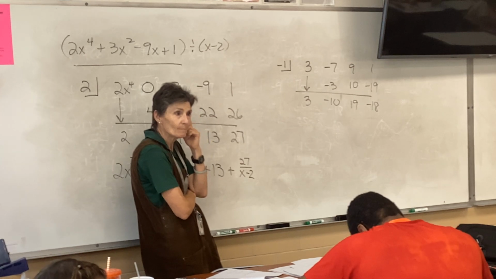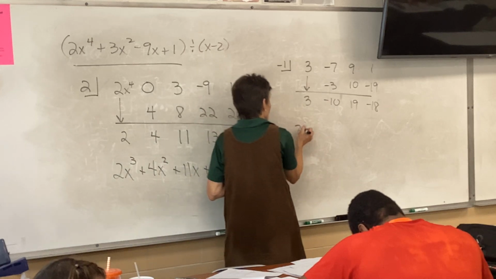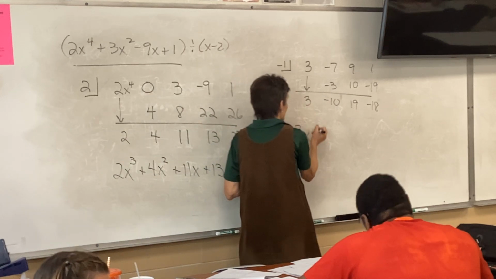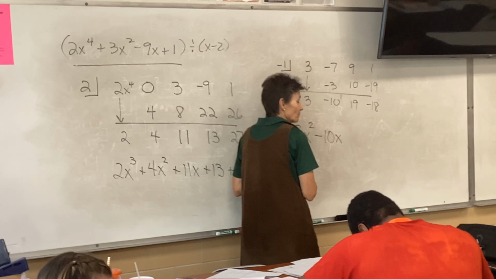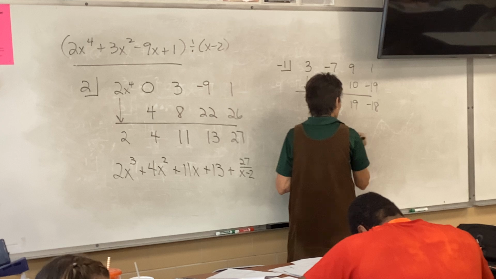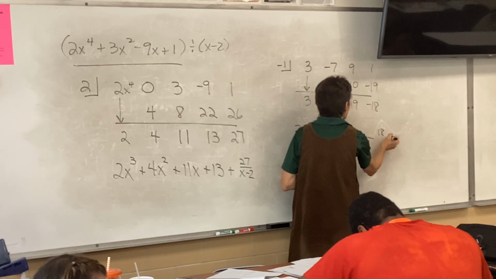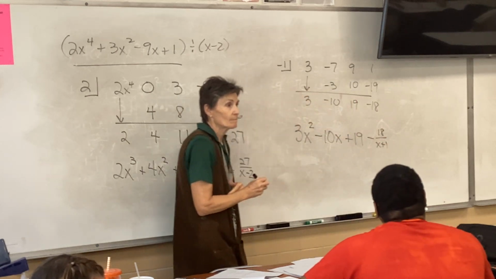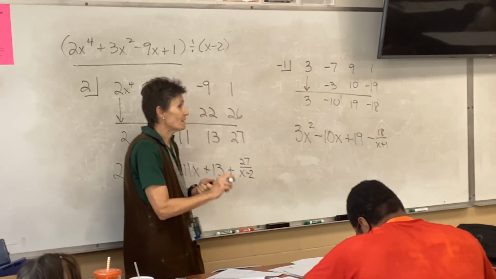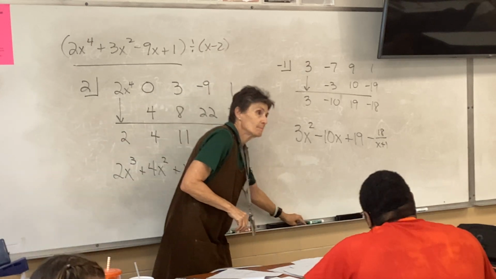Anybody match that? Perfect. So then I write my answer, which will be 3x squared minus 10x plus 19, and then minus 18 over x plus 1. You put your remainder over what you divided by.